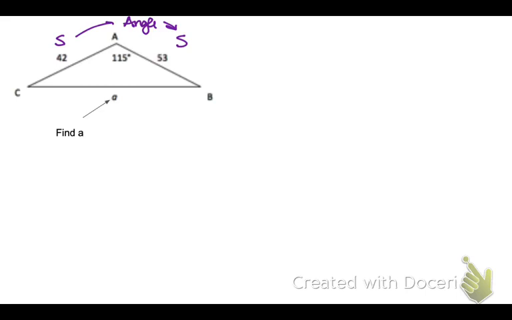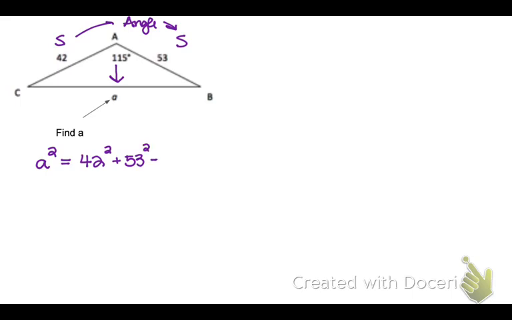And then angle A is 115, and it's opposite of a, which means if I'm going to use the cosine of 115, that side length a has to be the one that's out in front. So a squared equals b squared plus c squared. It really doesn't matter which I call which here, because I'm just going to take both of those numbers, square them, and add them together.